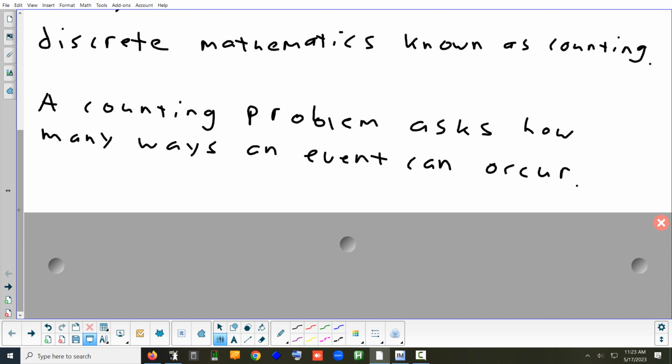Then you can get into harder kinds of problems where maybe you look at a card game, and then you figure out, well, how many ways could I get a straight? Okay, so then it gets a little bit harder. We don't generally get into those kinds of problems here.